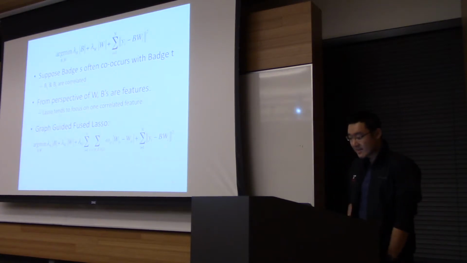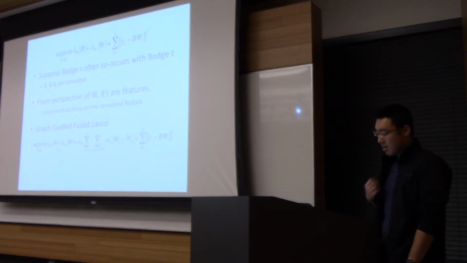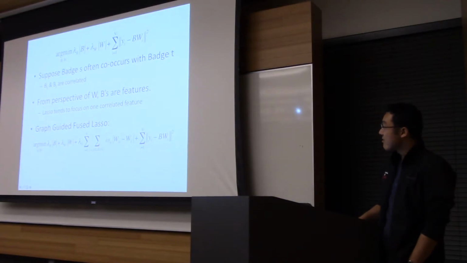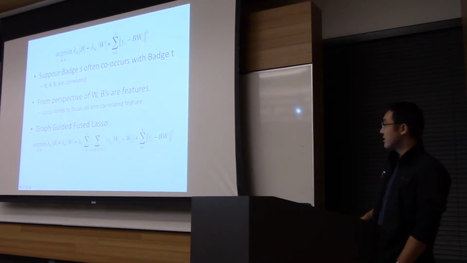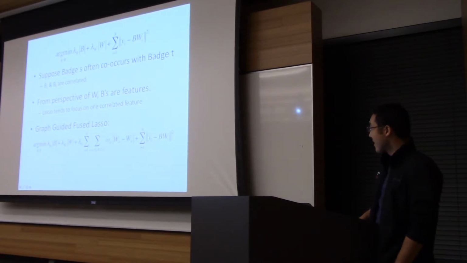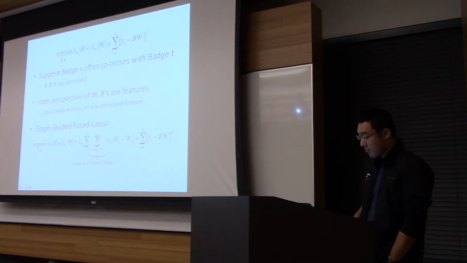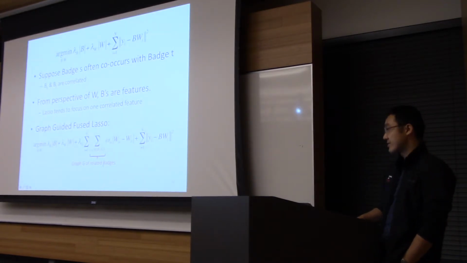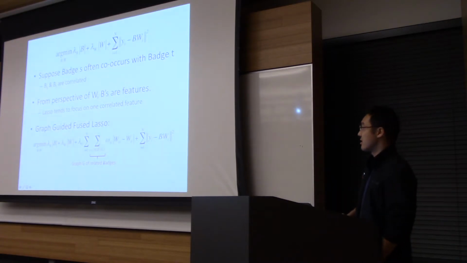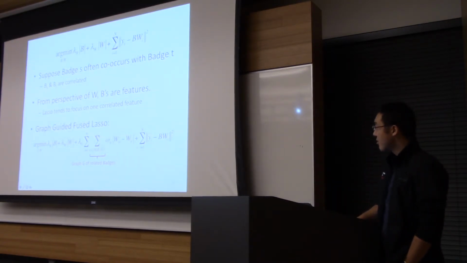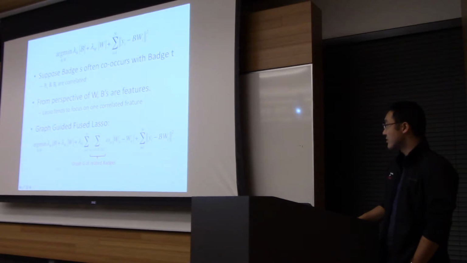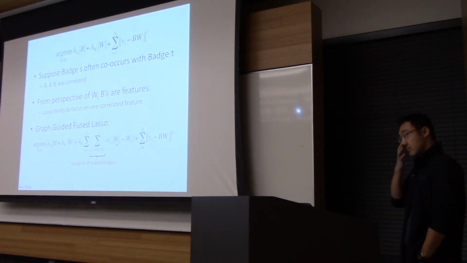And the basic idea is that although these lasso penalties tend to encourage the model to zero out all except one of the correlated features, this term says, okay, for badges that we know tend to co-occur, which you can estimate by just looking at pairwise co-occurrences on Twitter users, we're going to want their encodings to be similar, right? For any given document.